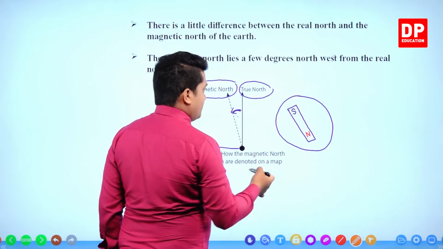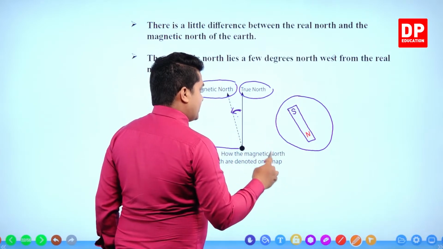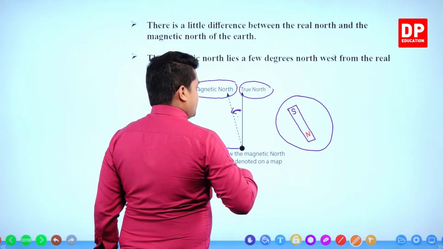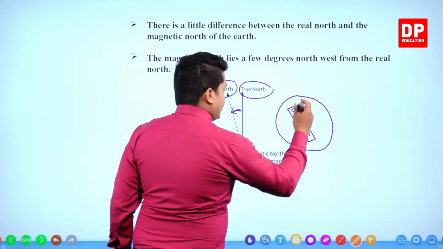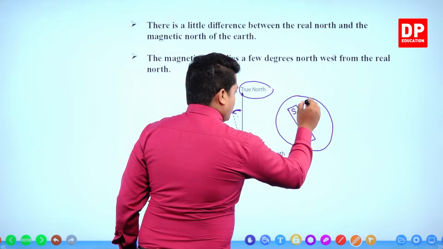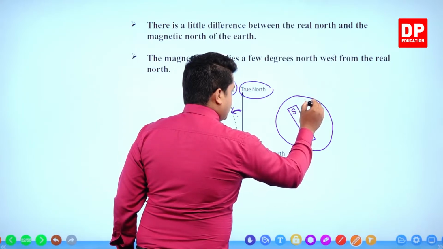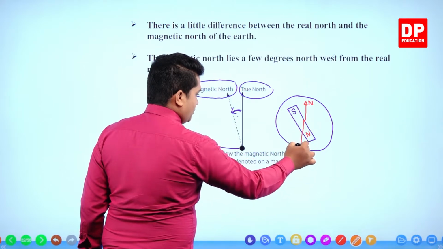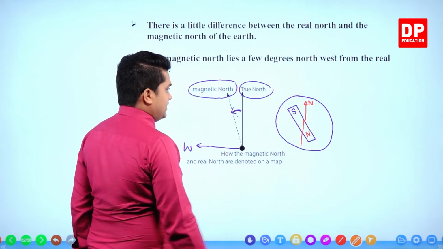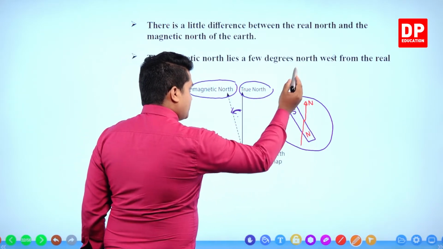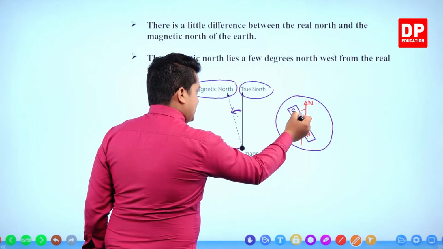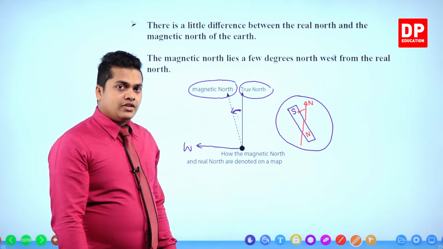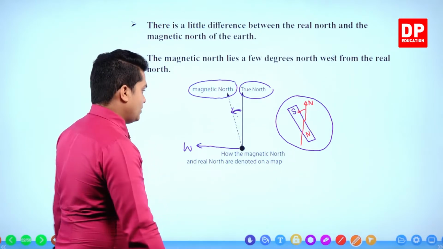So if you hang a magnet, then the magnet would turn to this direction, the south pole of the geomagnetism. So the true north lies in this kind of a direction, and the true south is below it. This is the magnetic north, this is the true north. So there is an angle between the magnetic north and the true north, right? Okay.